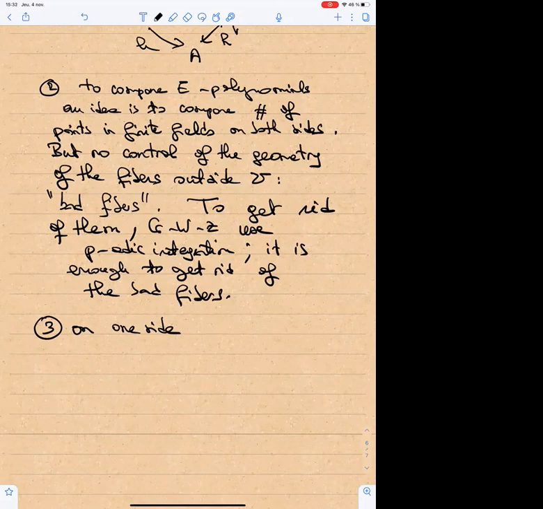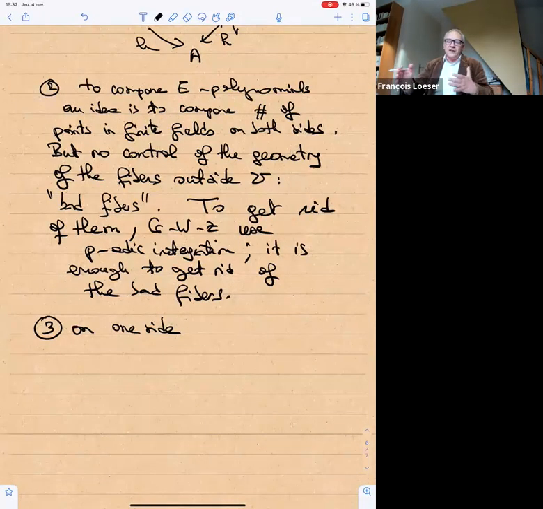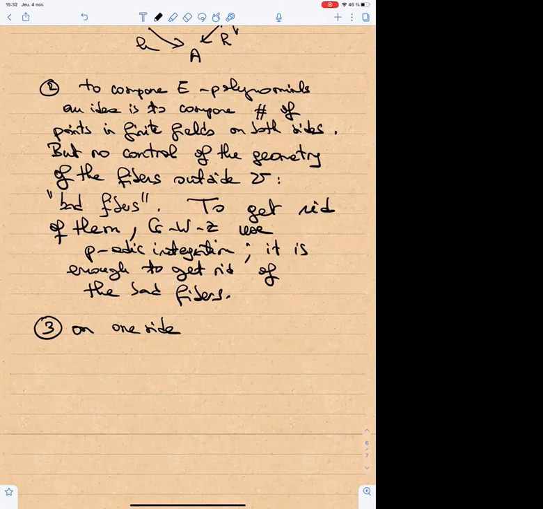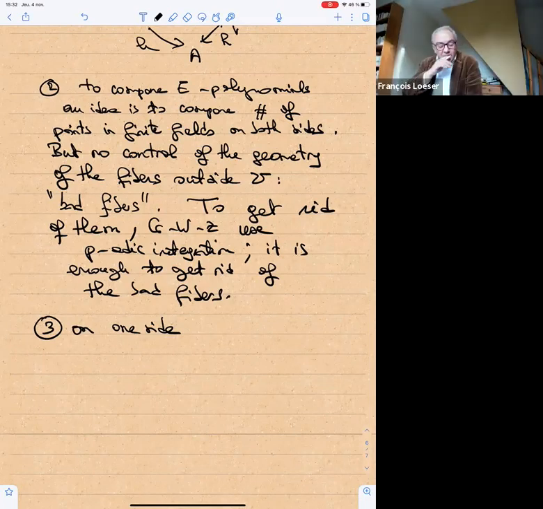Maybe some bad fiber. And you cannot connect the bad fibers on both sides. I see. Okay.